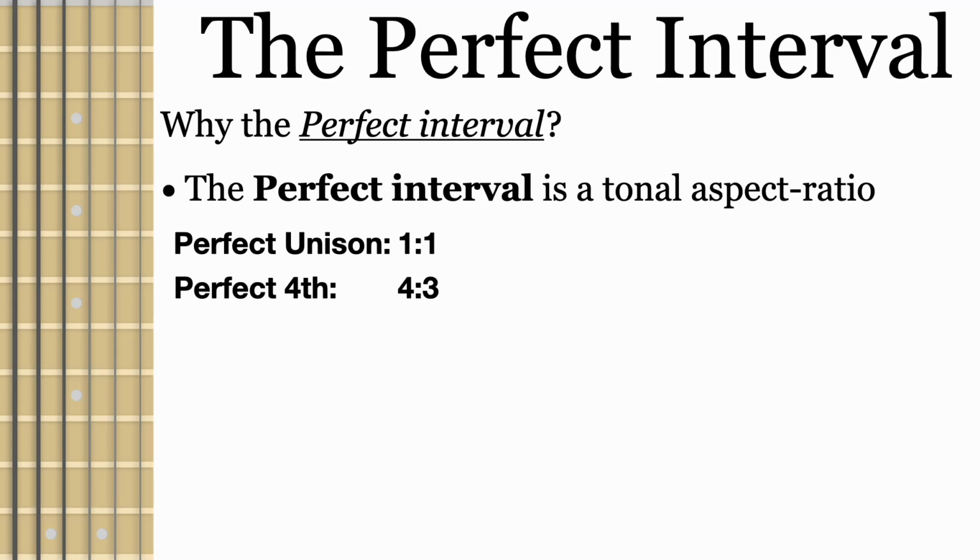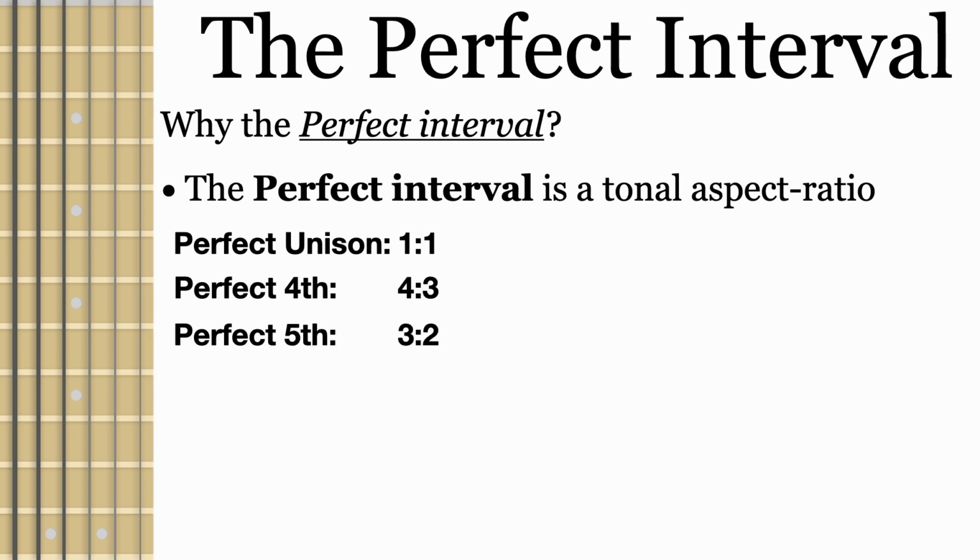So for every 4 vibrations when your finger's on the 5th fret, when you release that and just hit the open string, it's going to only vibrate 3 times, right? So hold it down, you get 4 times, then you release it, you get 3 times, right? And so it's a 4:3. It's a perfect ratio, or a perfect interval, i.e. perfect fourth.